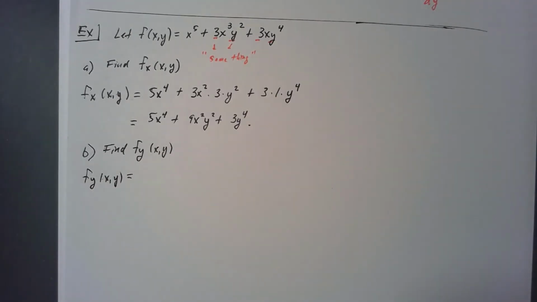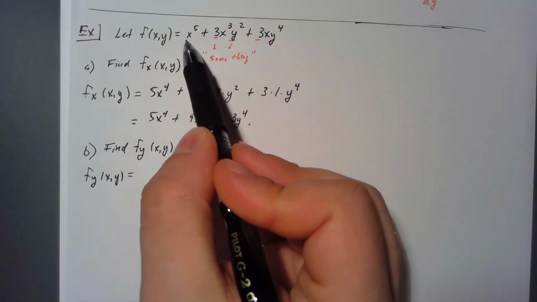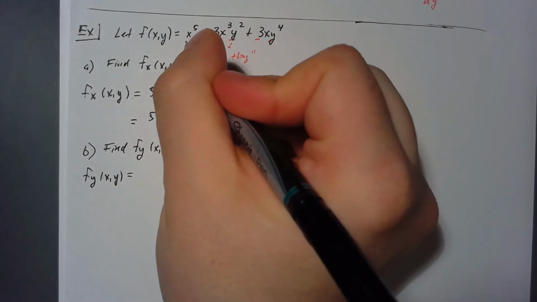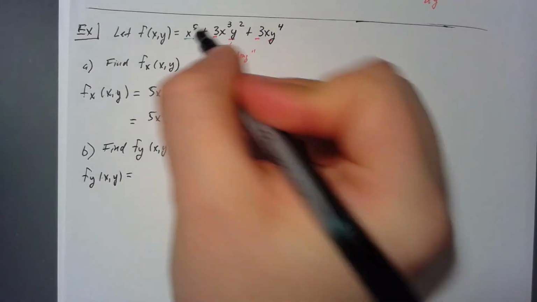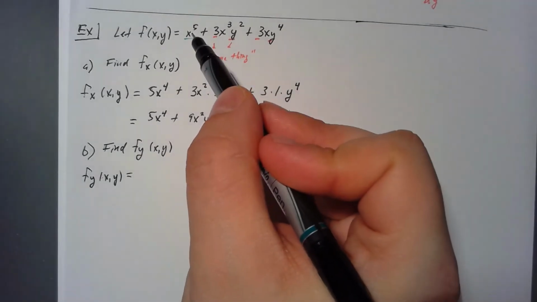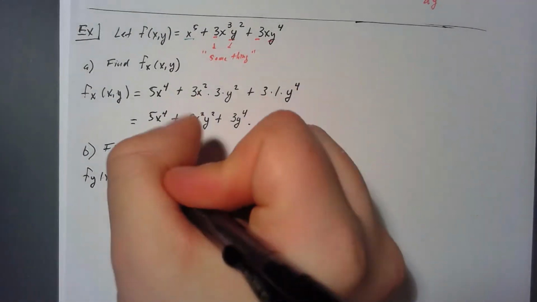So when you take the derivative of this with respect to y, but what is x here now? Now in this case, this is a constant, right? Well, what's a constant to the fifth power if you take the derivative of that? That's just going to be 0. So that doesn't even show up.